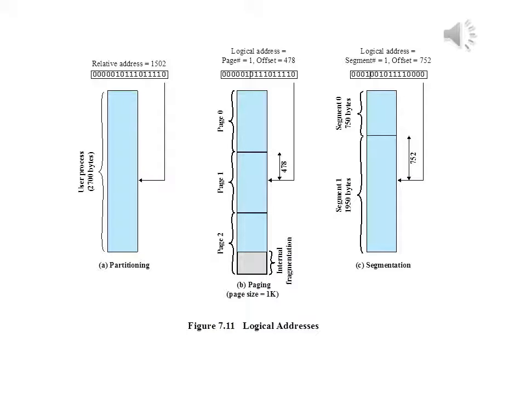In this example, 16-bit addresses are used, and the page size is 1024 bytes, or 1 kilobyte. The relative address is 1502, which in binary form is 0000010111011110.